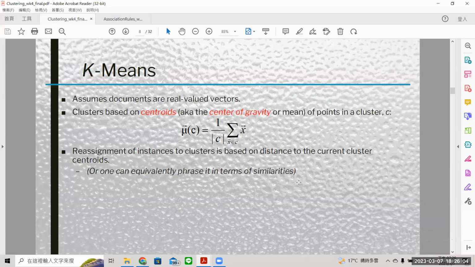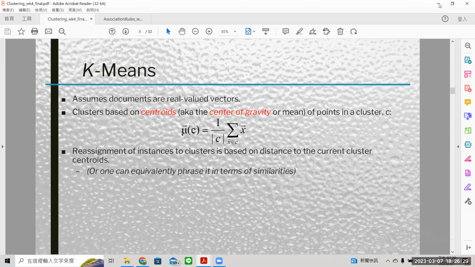So we can find the centroid of many points. That concept is very similar to the average of the points. If you are interested in the details of this formula, I can give you a more detailed example like this.